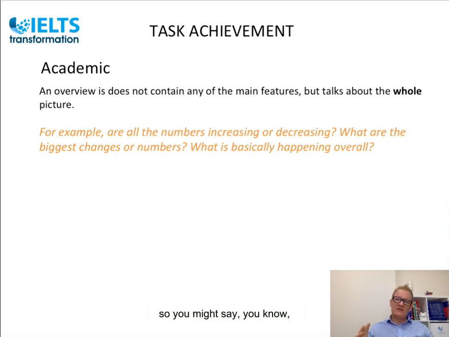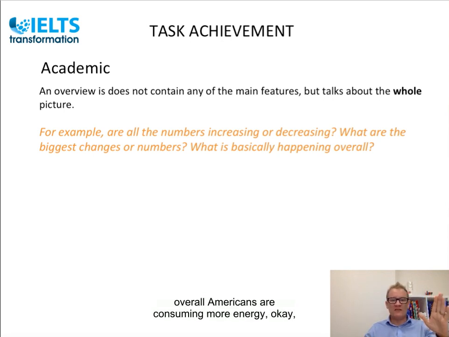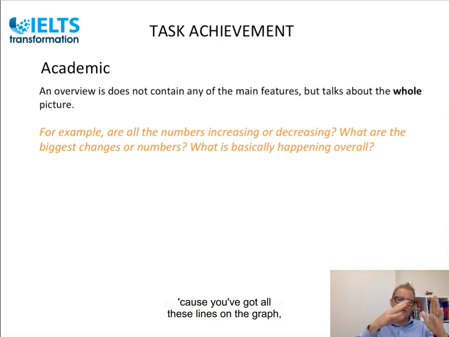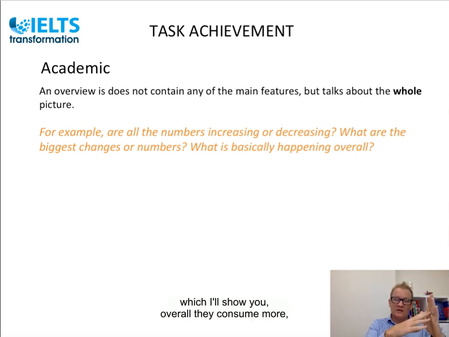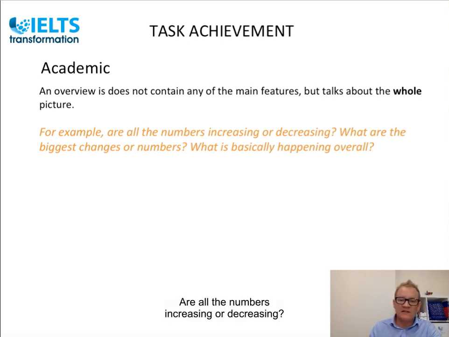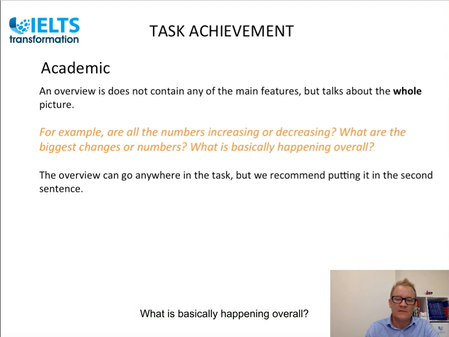So you might say, overall, Americans are consuming more energy. Okay, because you've got all these lines on the graph, which I'll show you. Overall, they're consuming more, but what are all the individual lines doing? Those are the main features. Are all the numbers increasing or decreasing? What are the biggest changes or numbers? What is basically happening overall?